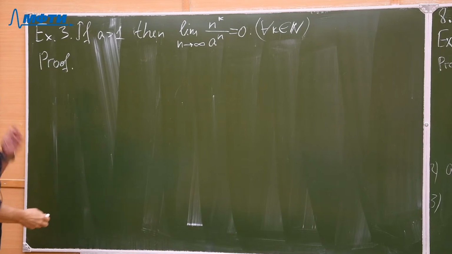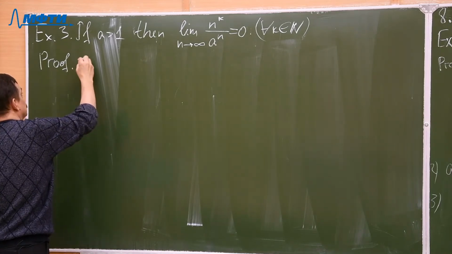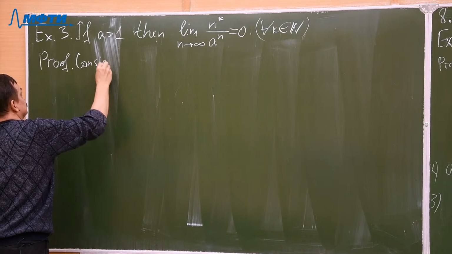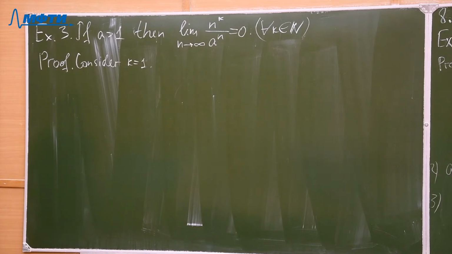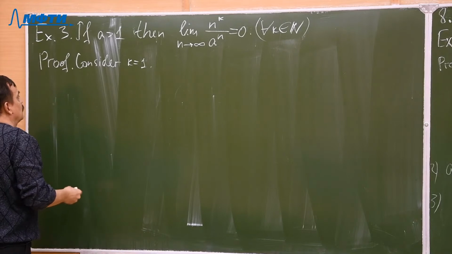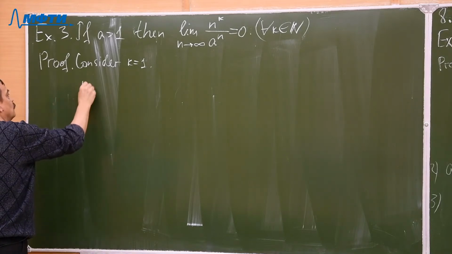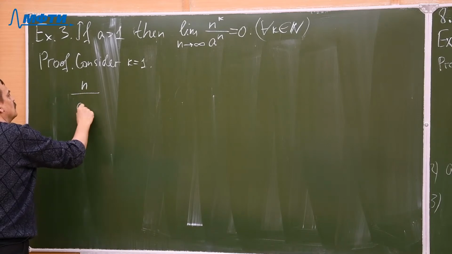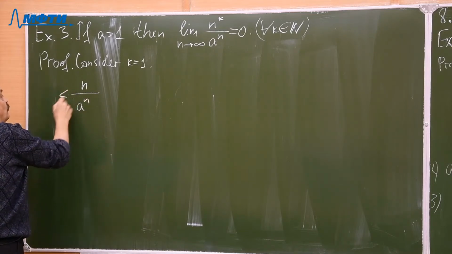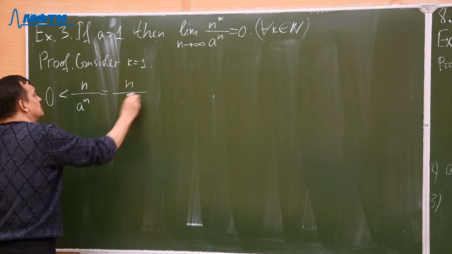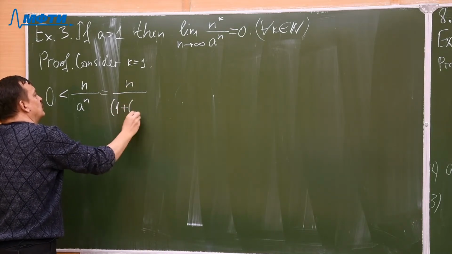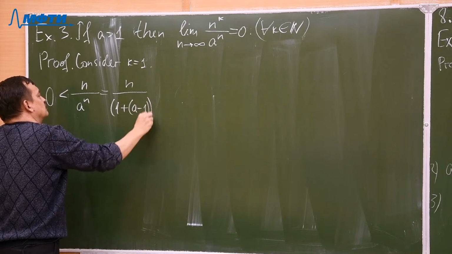proof. So firstly consider the case k equals to 1. Then we may estimate as follows. So we need to consider this fraction. Of course, this is something positive. But now we may write it as follows: 1 plus a minus 1 power n.